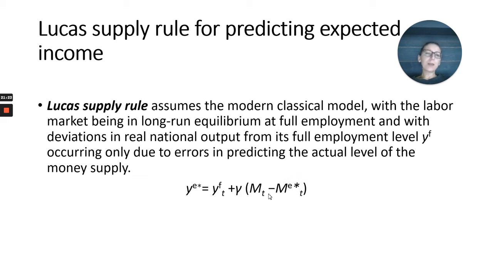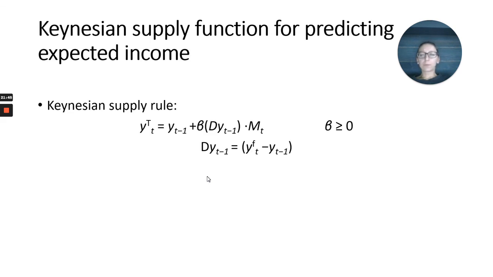That may cause some deviations of the actual income from the expected income. But in general, if central banks are doing well, the expected income should be equal to the natural income of the country. And that's how we should estimate it.